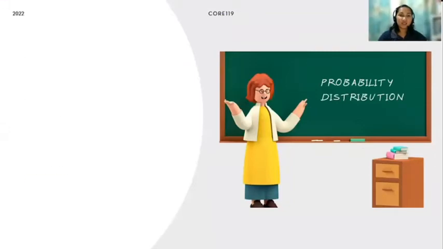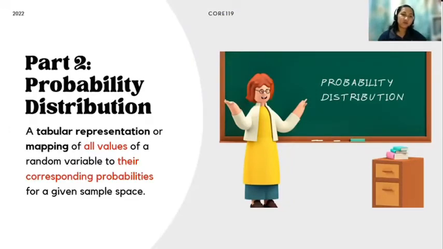For the second part of this lecture video, we are going to talk about probability distribution. Probability distribution is a tabular representation or mapping of all values of a random variable to their corresponding probabilities for a given sample space.